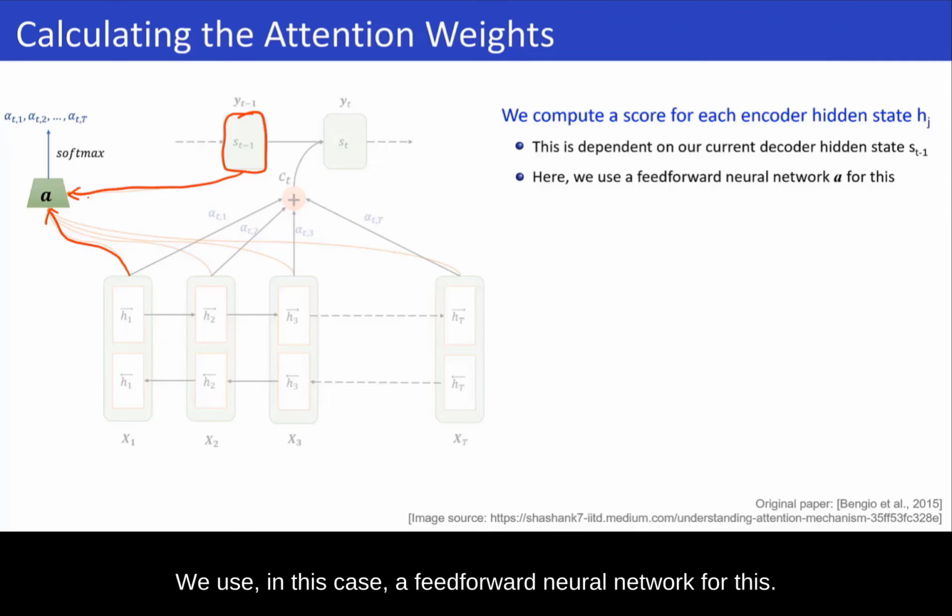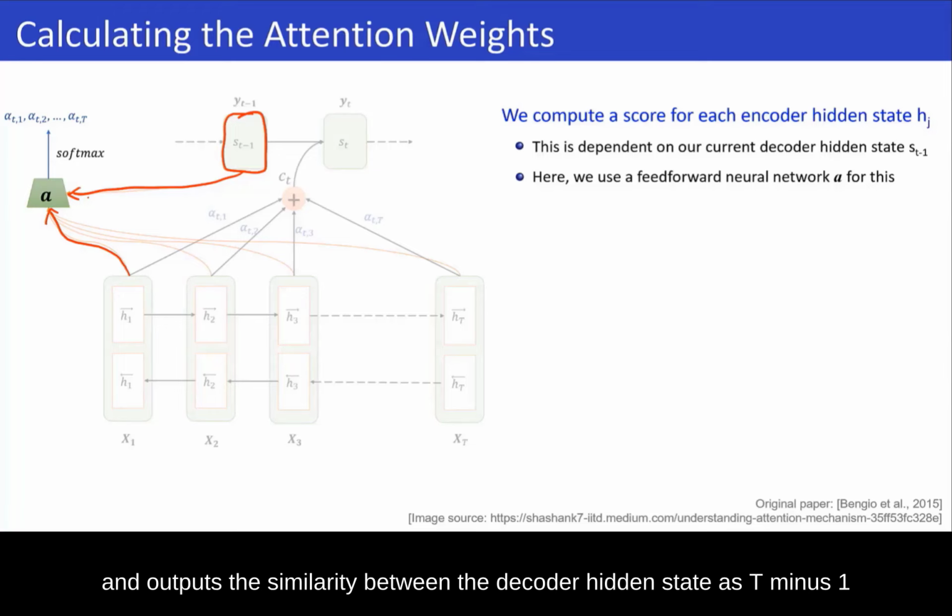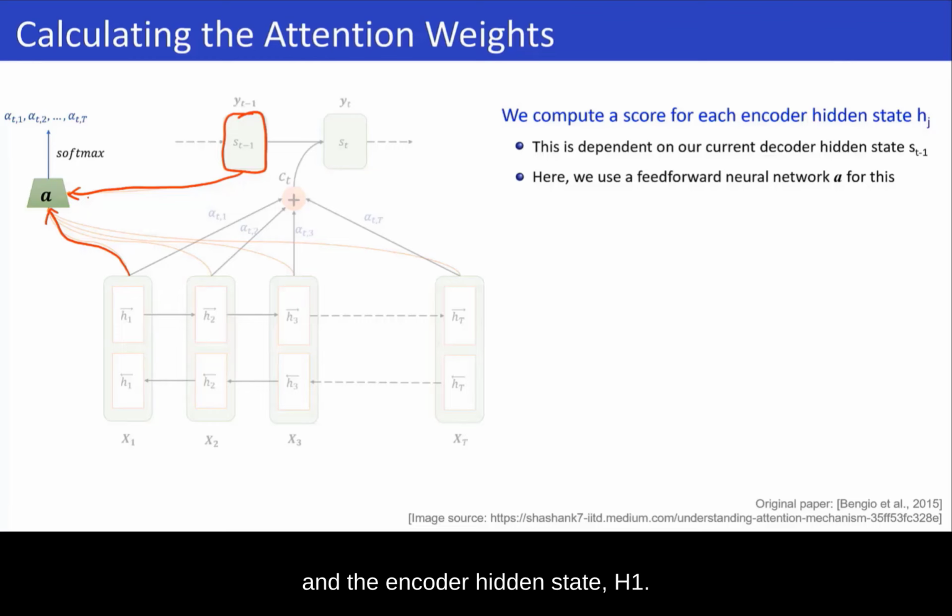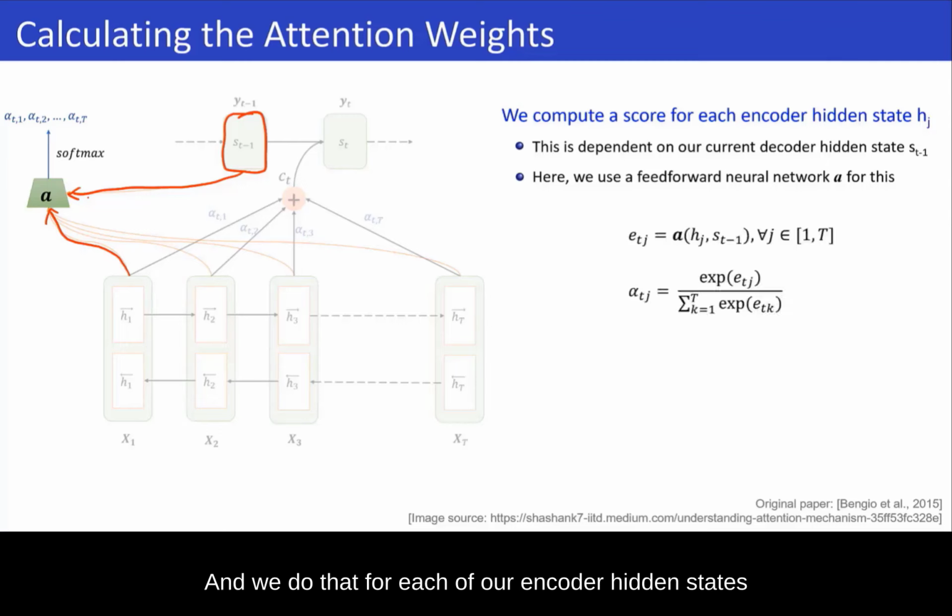We use, in this case, a feed-forward neural network for this. This feed-forward neural network gets these two inputs and outputs the similarity between the decoder hidden state s sub t-1 and the encoder hidden state h1. And we do that for each of our encoder hidden states to get these e sub tj's. So t is for the current time step, and j is for the encoder state j.